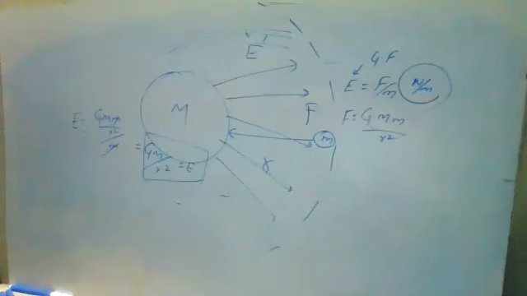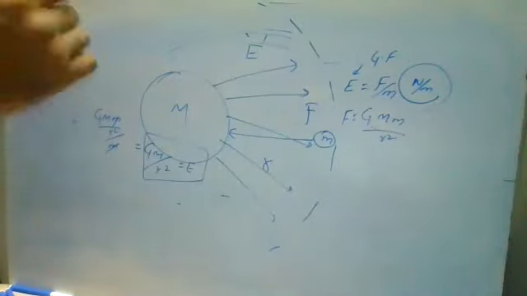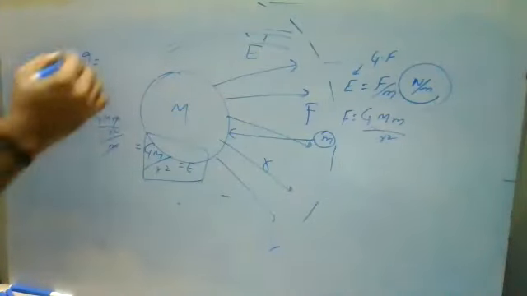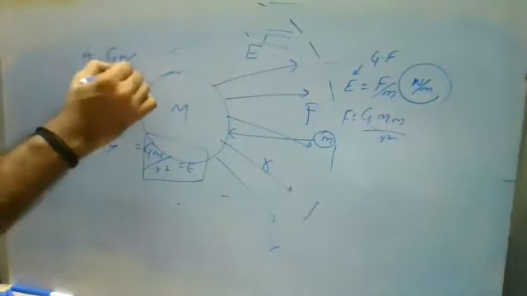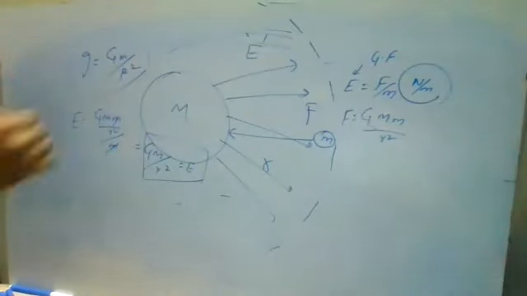When we were discussing the acceleration due to gravity, we already saw there is a surface with an object on it, and small g is equal to G M by r square. It is on the surface.